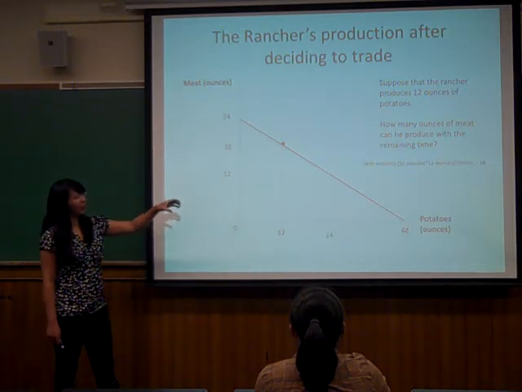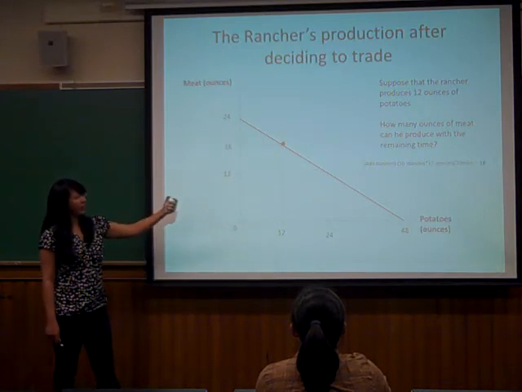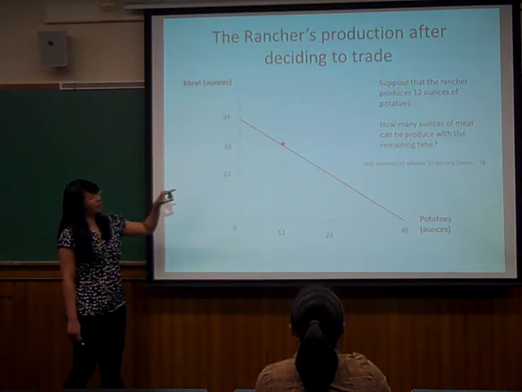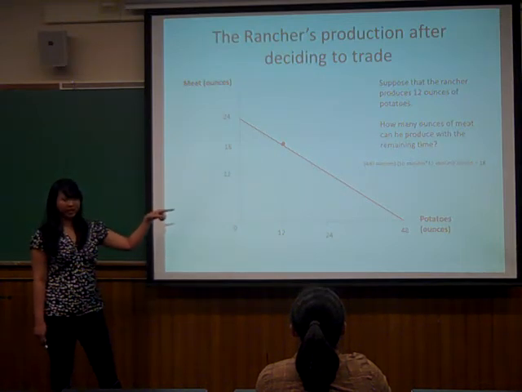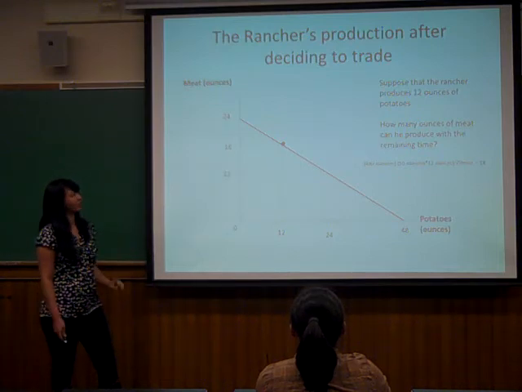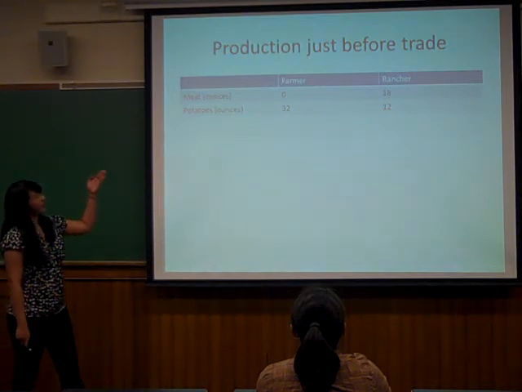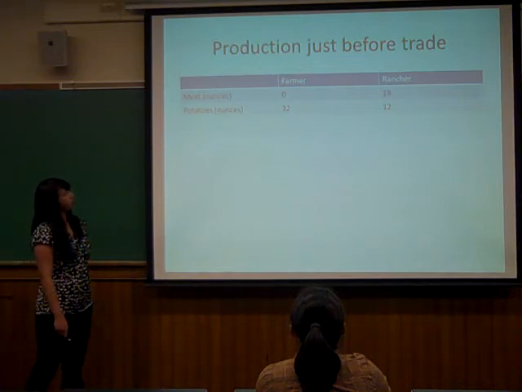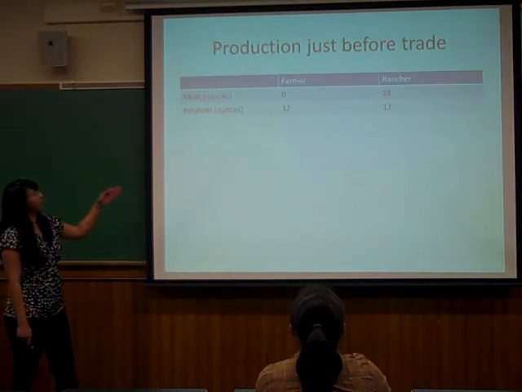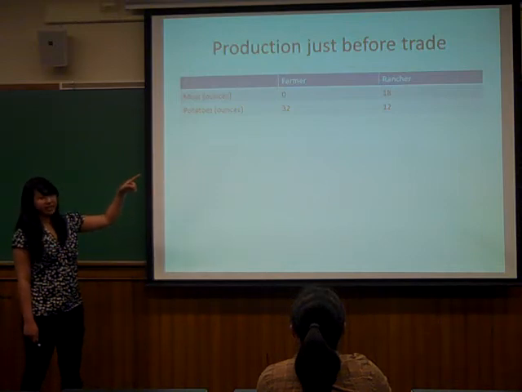You subtract the amount of time needed to produce 12 ounces of potatoes, and divide the remaining time by 20 minutes, which is the time it takes to produce 1 ounce of meat, which would give you 18. Is that clear? So this is the production both the farmer and rancher have just before trade. The farmer has 0 meat and 32 ounces of potatoes, and the rancher has 18 and 12.